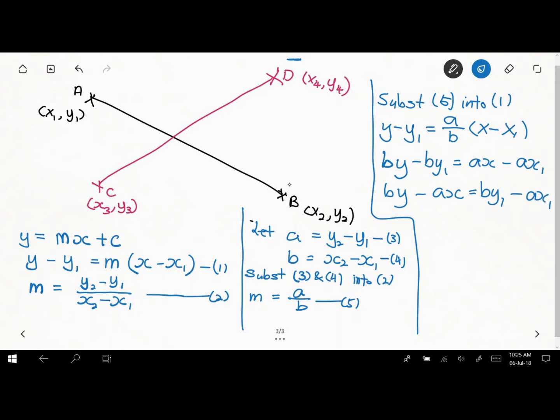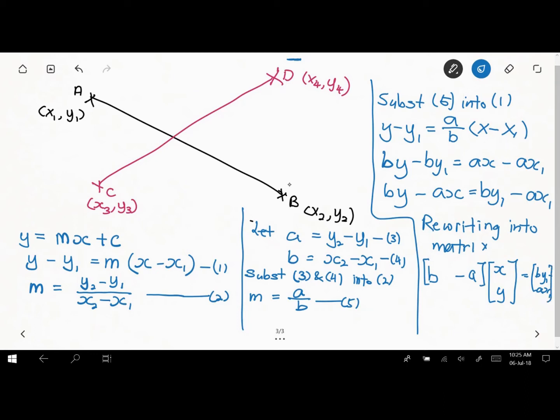In fact, we can rewrite this whole thing into a matrix: b, minus a in brackets, times x and y, equals by1 minus ax1.